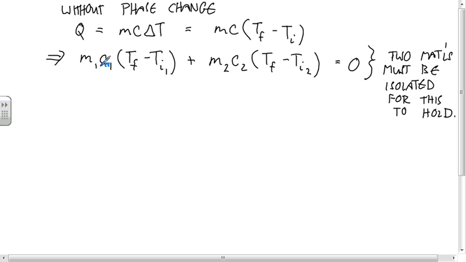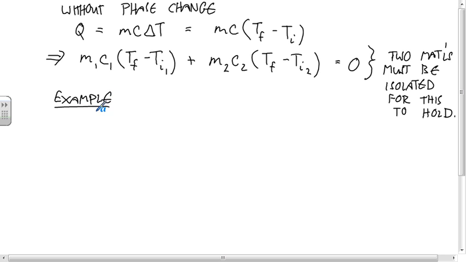Okay, so I did one problem last time this way. I'd like you to work on a calorimetry problem without phase change. You can look back at your notes, talk to each other about it, just see if you can work your way through it.